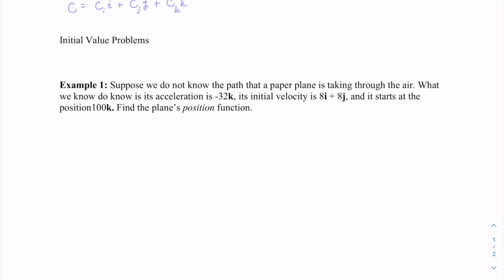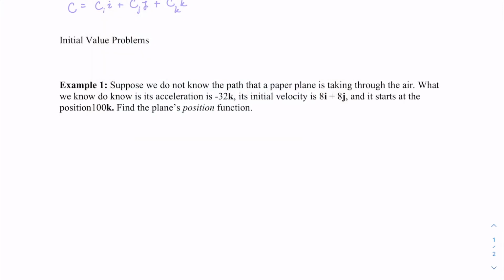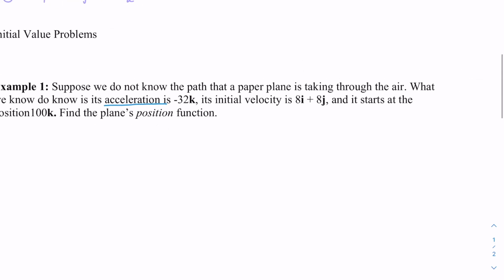So suppose we have a paper plane that is flying through the air. Suppose we do not know the path of the paper plane. What we do know, though, is that its acceleration is negative 32 in the k direction, so negative 32 in the z direction.